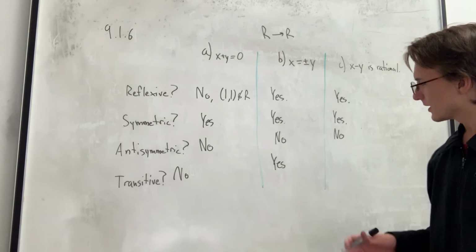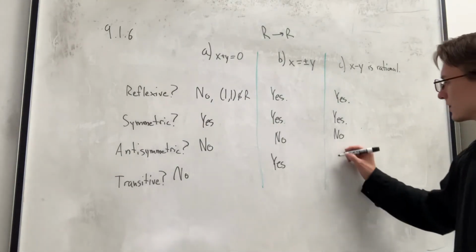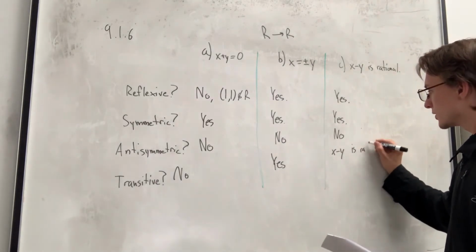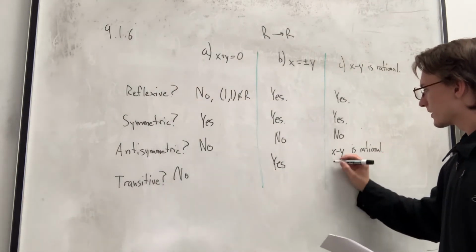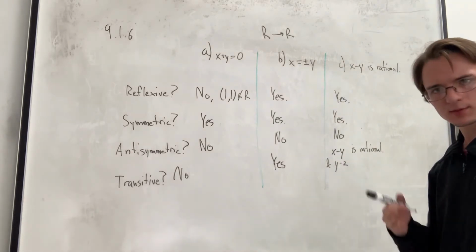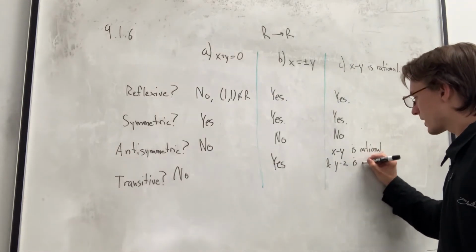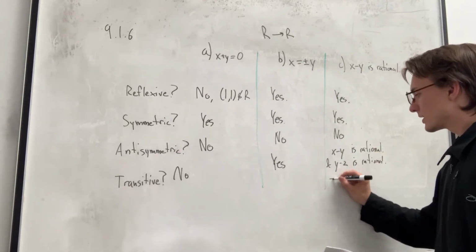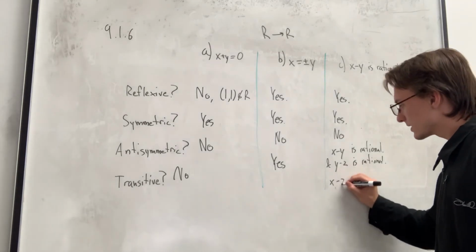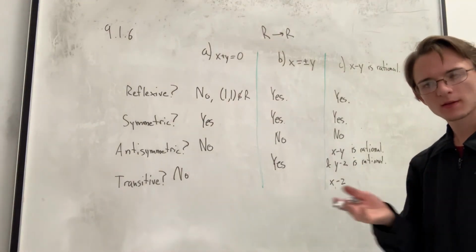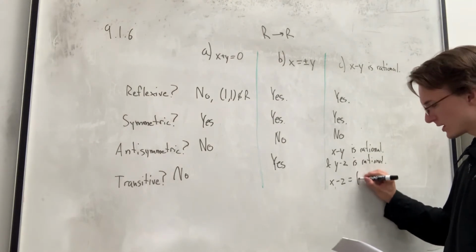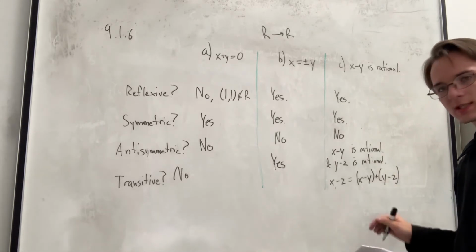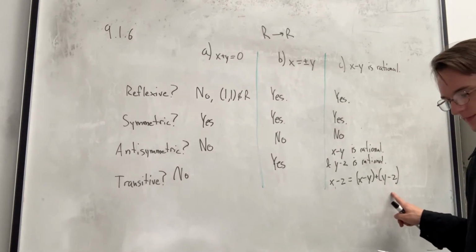Is it transitive? I know we could do some math to figure this out. So if x minus y is rational, and y minus some new variable z is rational, then x minus z should also be rational. x minus z is just equal to x minus y plus y minus z, which is the sum of two rational numbers.